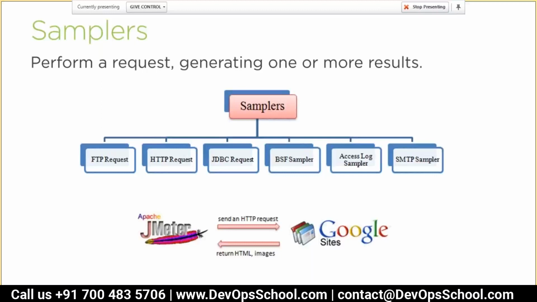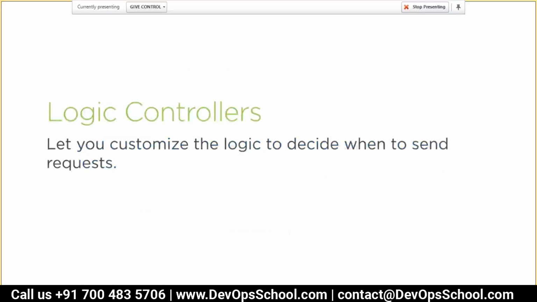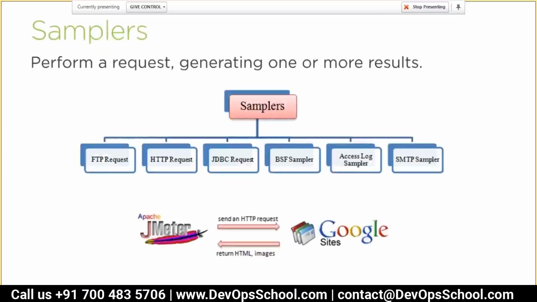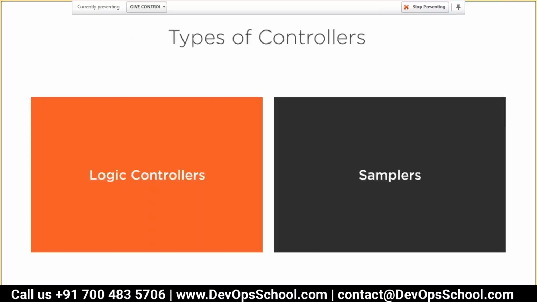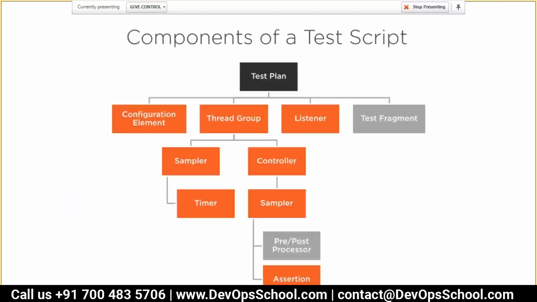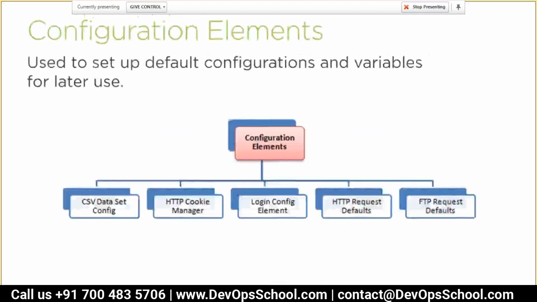So logic controllers decide when to send a request and samplers send the request to the application. All this, logic controller and sampler, is part of the thread group. You see that thread group.